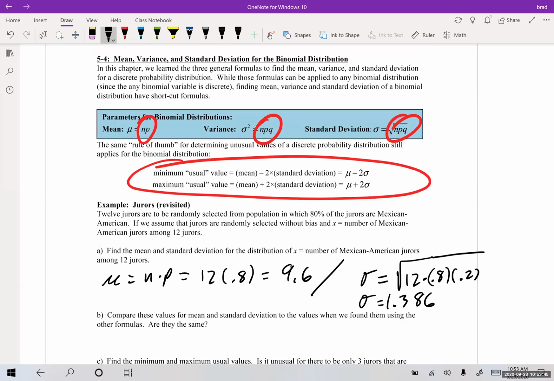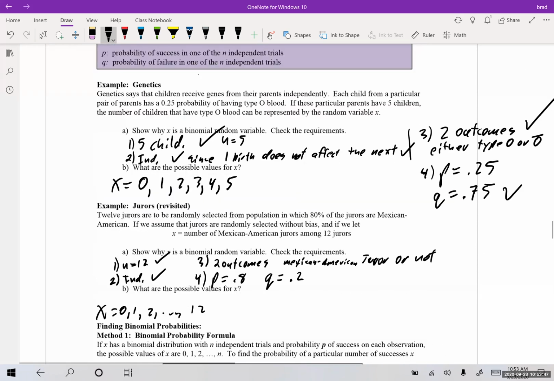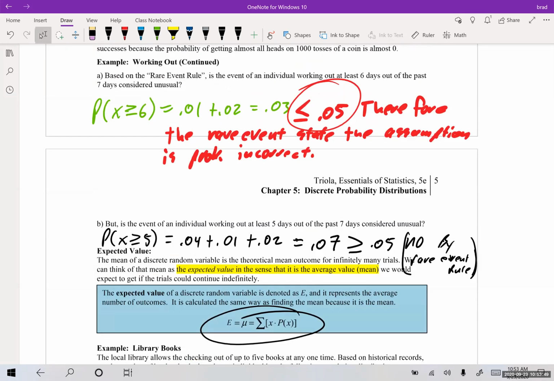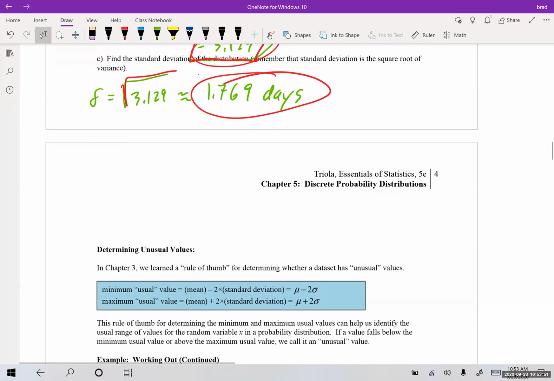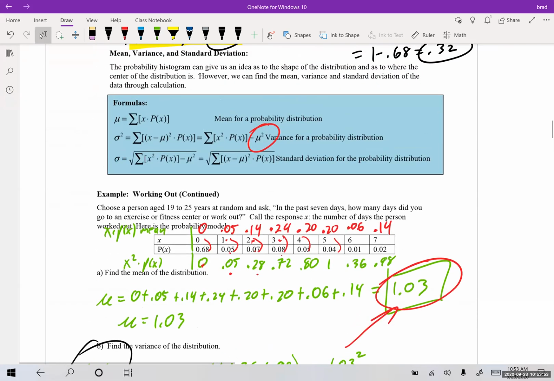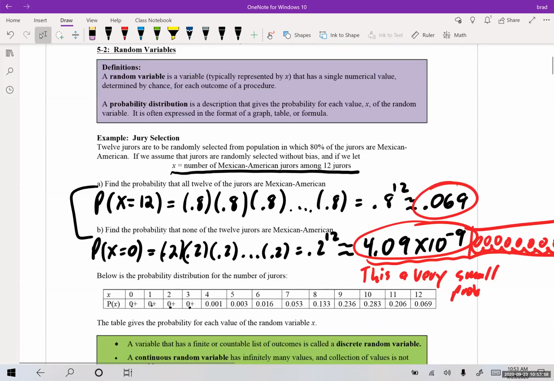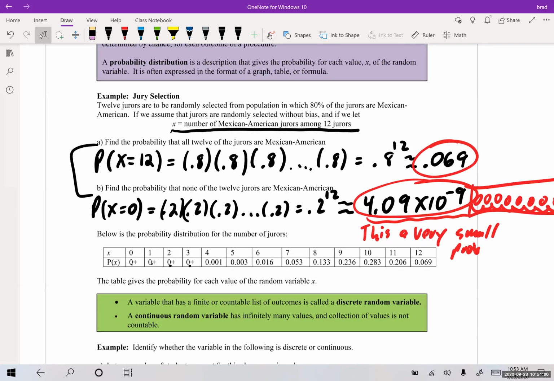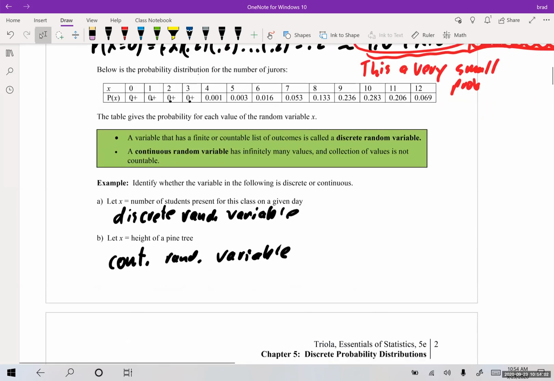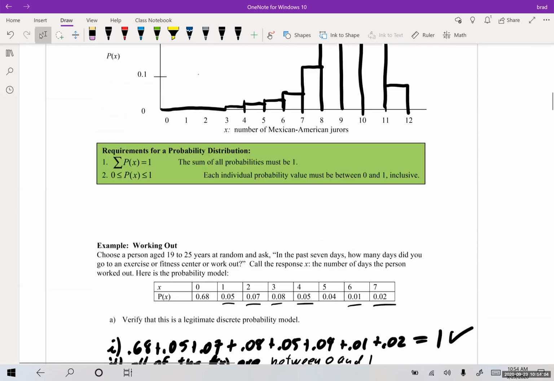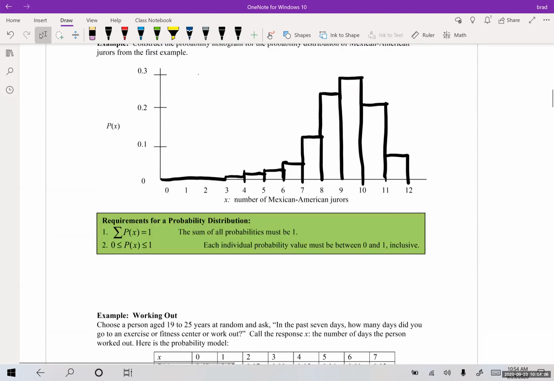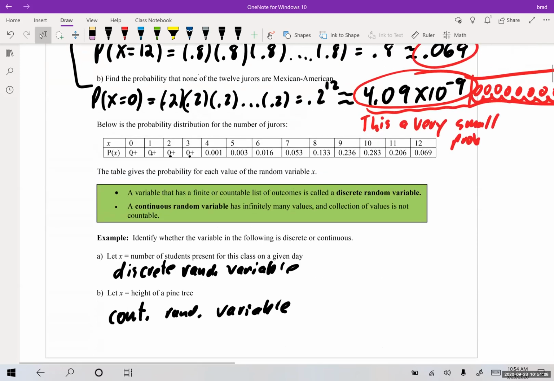So we come back up here. I don't know if we actually found it for that one the old-fashioned way. I want to say we didn't. Yeah, I don't think we did. Maybe I should have somewhere. So that's probably something you guys should make sure you know how to do. To find the mean, you would have to do it the old-fashioned way, right?